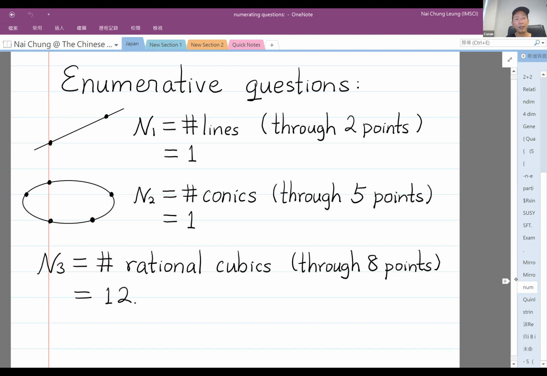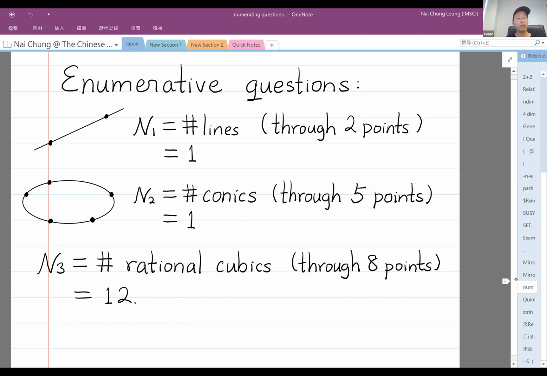Of course, there are so many lines, but if you want to count lines correctly, you fix the boundary condition: pick 2 points, and you have 1 line. A line is a degree 1 equation. How about degree 2? Degree 2 equations give a so-called conic, which refers to a degree 2 curve.